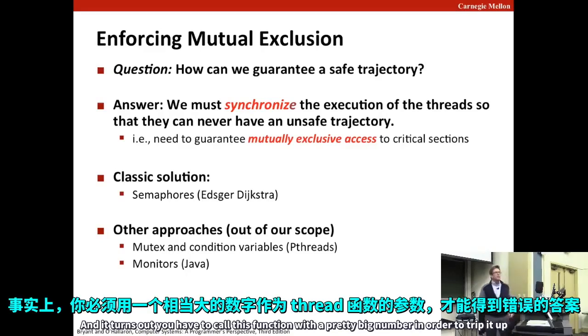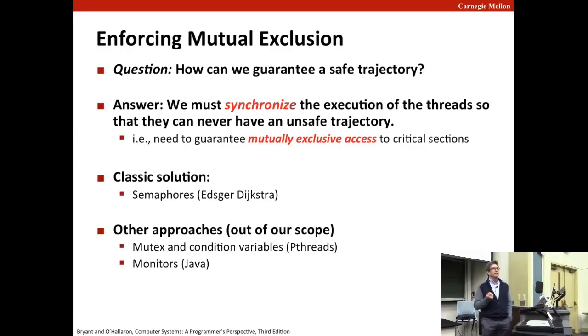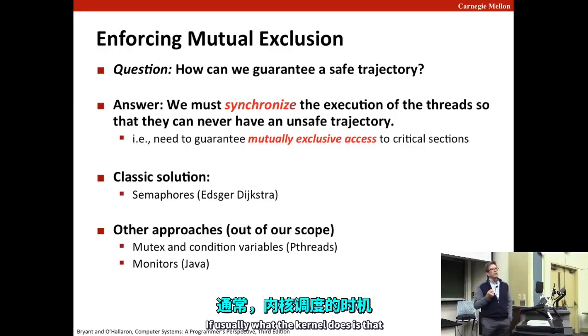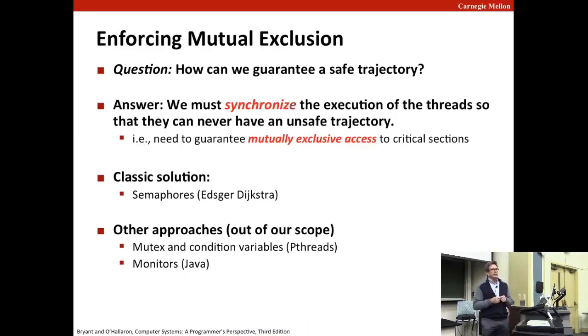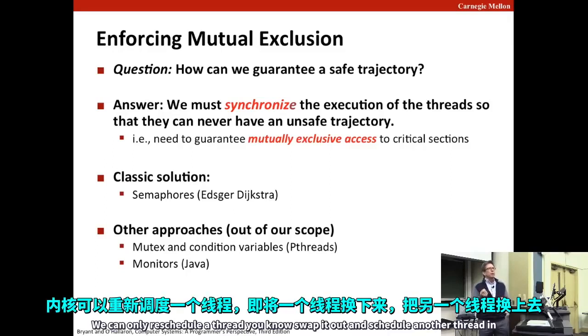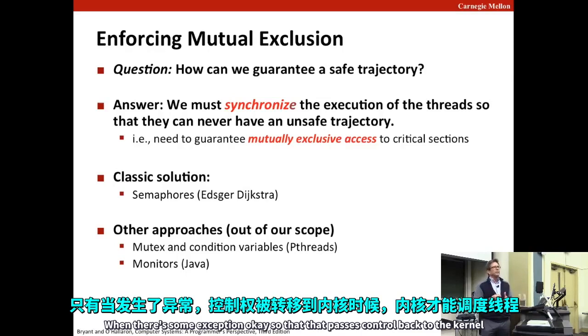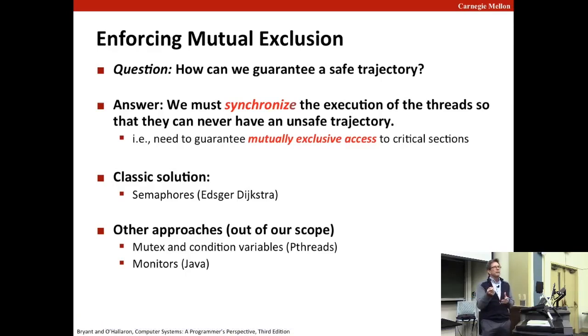And it turns out you have to call this function with a pretty big number in order to trip it up. It makes sense, right? Usually what the kernel does is that we can only reschedule a thread, swap it out and schedule another thread in, when there's some exception, okay, so that passes control back to the kernel.